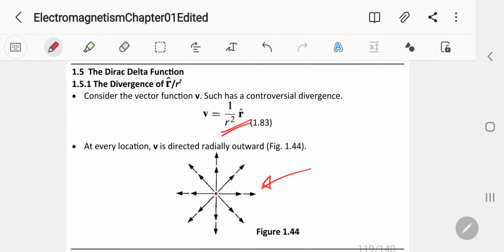As you go farther from this point, you get a smaller and smaller value of v, and of course this is radial. Imagine this is like a sea urchin where the r goes out radially from the center.